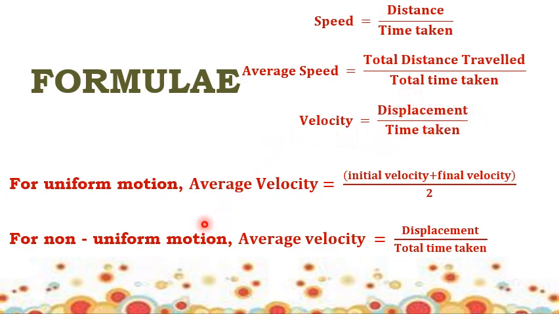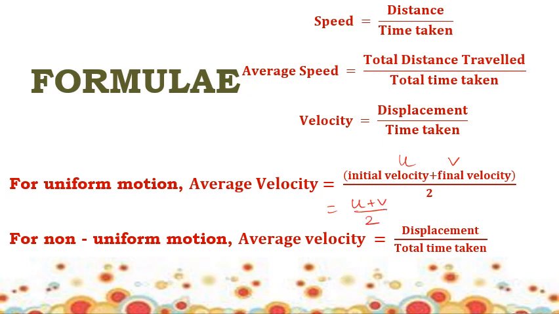When you learn about average velocity, we learned it under two categories: one for uniform motion, another for non-uniform motion. For uniform motion, it is going to be initial velocity plus final velocity by 2. Initial velocity we take as u, final velocity we take as v, so we can also write it as u plus v divided by 2.